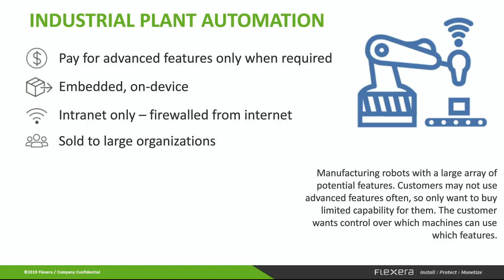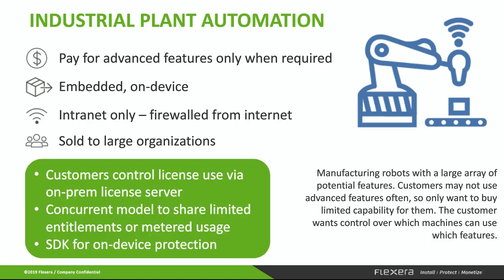Now, obviously, we're selling into an organization, a factory. It's almost certainly got a network within the factory, but that network's not going to be internet connected, and all these devices are embedded anyhow. And the real value you're looking for here is a good on-premise license server.